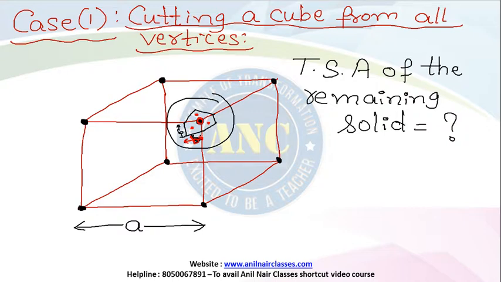How will the 3 squares be created? Think logically: for a cube there are 6 faces in total. If I remove a cube from one vertex, I lose the 3 marked surfaces, but behind them, internally, 3 more surfaces will be created, or in other words, 3 more squares will be created.